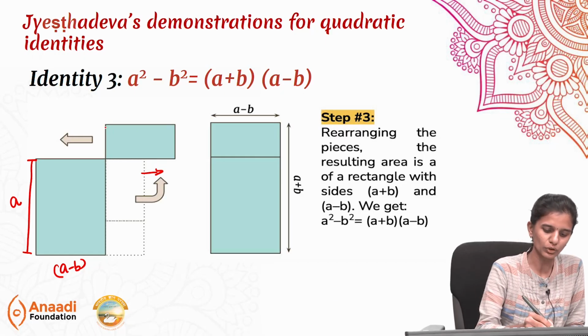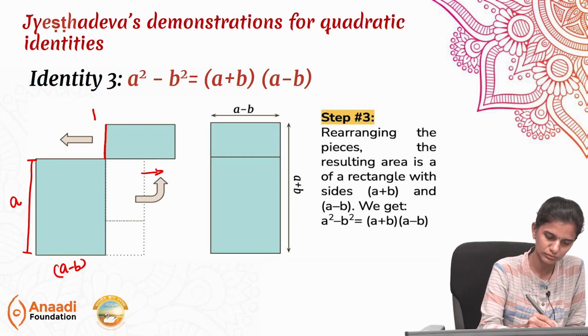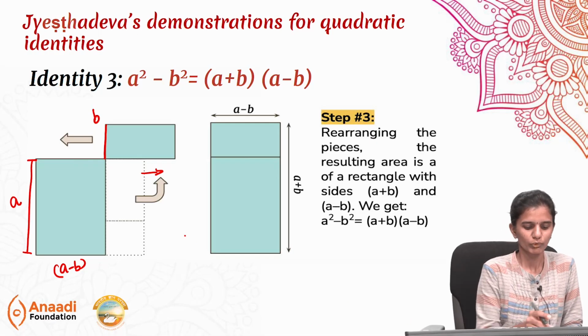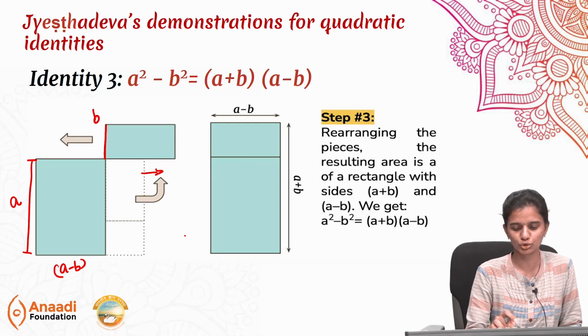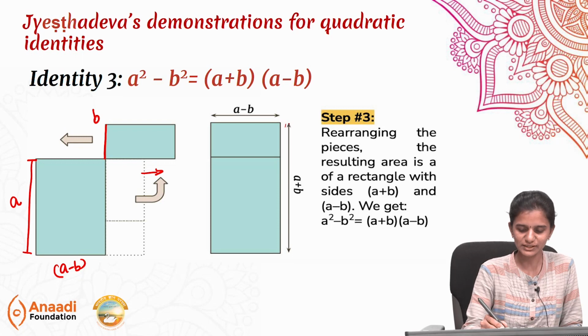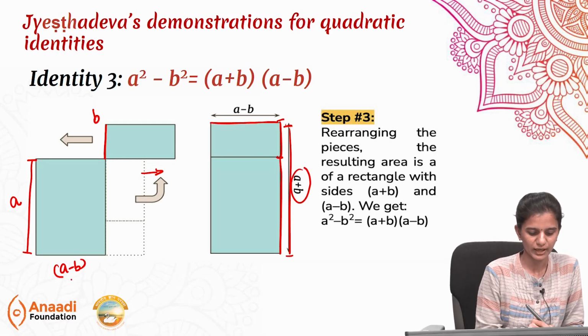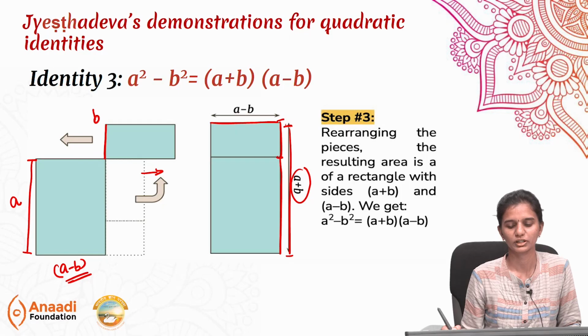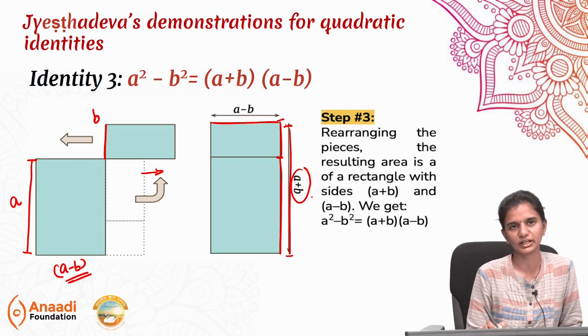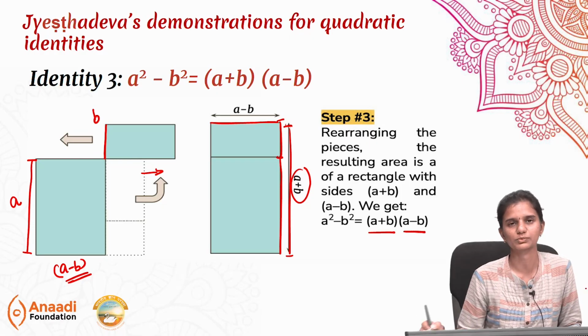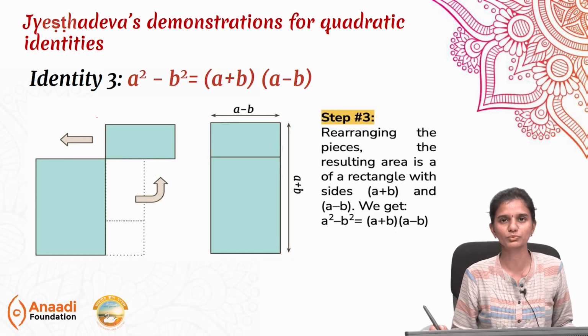And we know the length of this to be B. When we put these two rectangles together, then this length would become A plus B because this is A and this is B. Now here this is A minus B. Then the area of this rectangle would be the product of the two sides, which is A plus B into A minus B. Let us look at this demonstration once again.